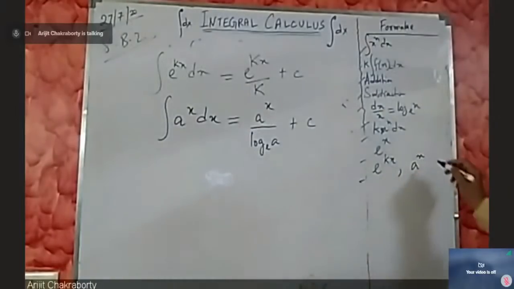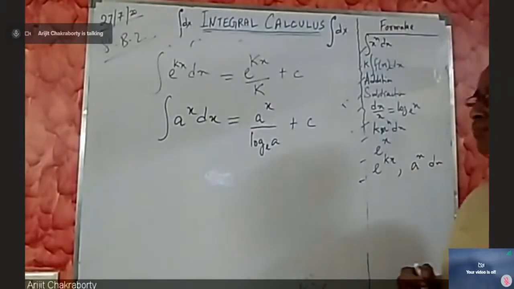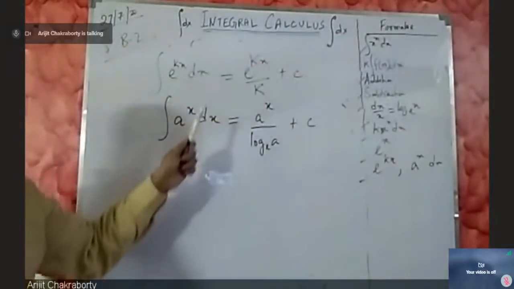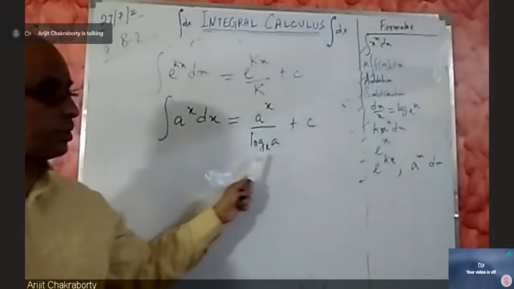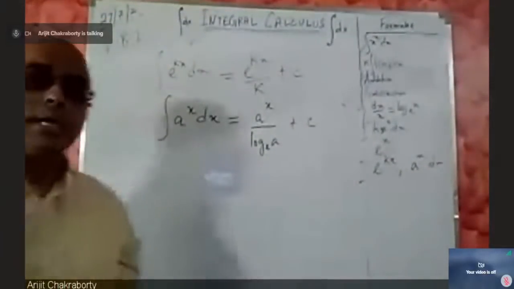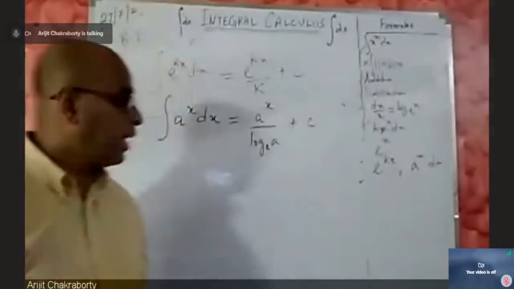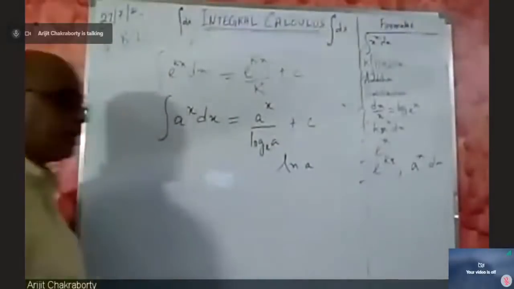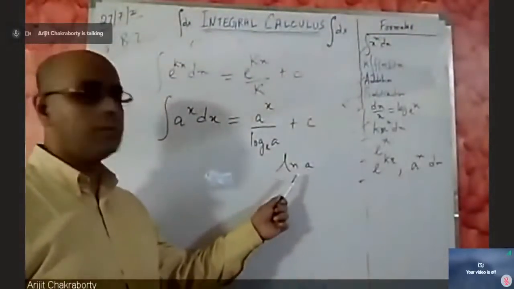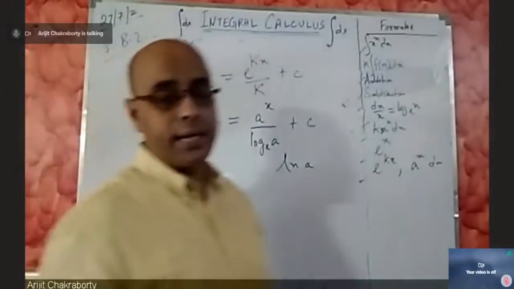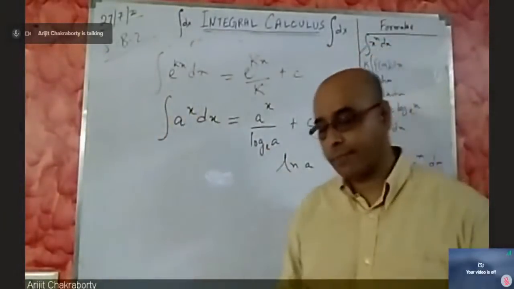So as you know, log a to the base e means it is the natural logarithm, and often it is written as ln a. ln stands for logarithm natural. So we have done a to the power x dx.